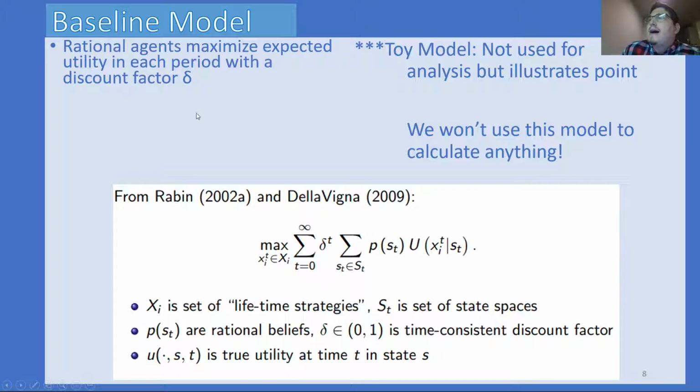Anyways, this model says that rational agents, people that are rational, are going to maximize their expected utility, which this is an expression of. This is expected utility over time. They're going to maximize that expected utility in every single period, every single choice they're available to make. X's are the choices here, with some discount factor over time.